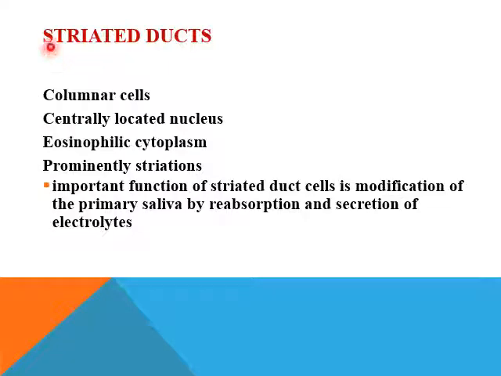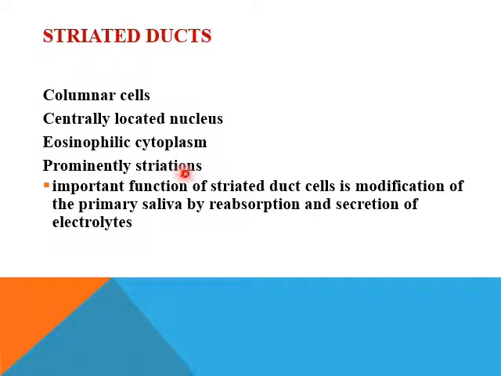The second intralobular duct present in the salivary gland is the striated duct. It contains columnar cells with a centrally located nucleus and eosinophilic cytoplasm, so it appears red in color in H&E stain.